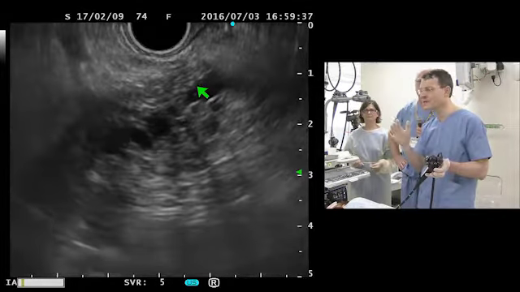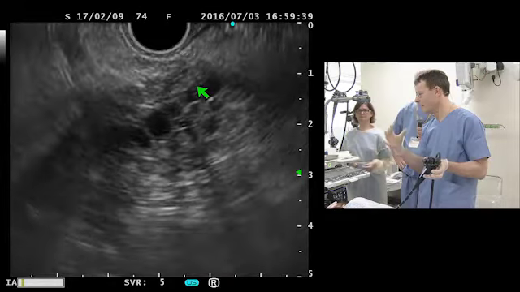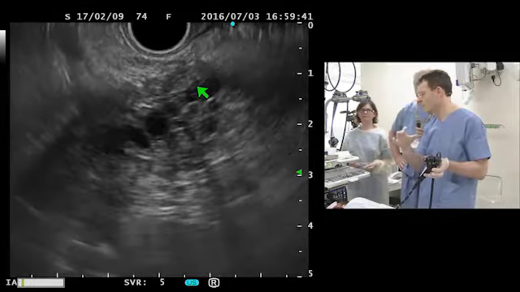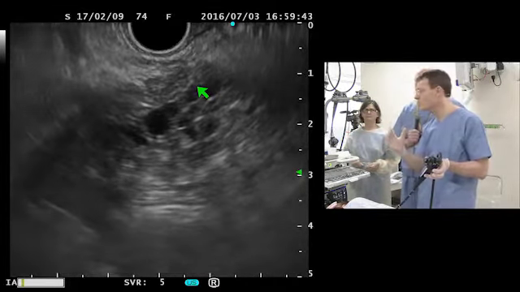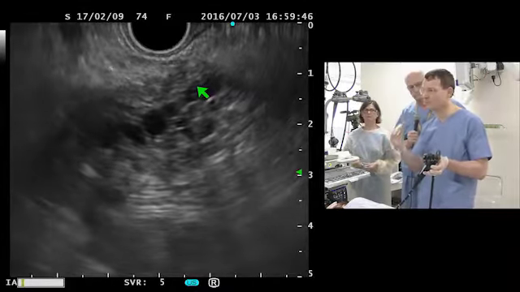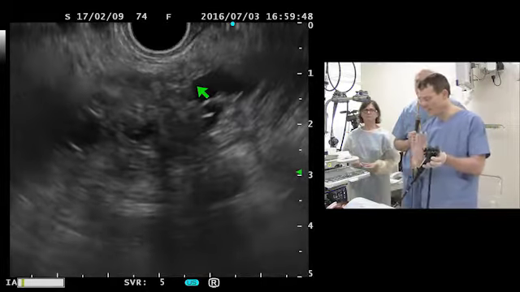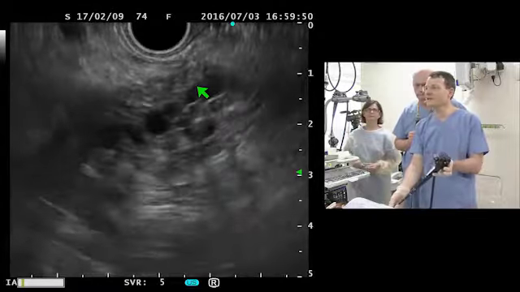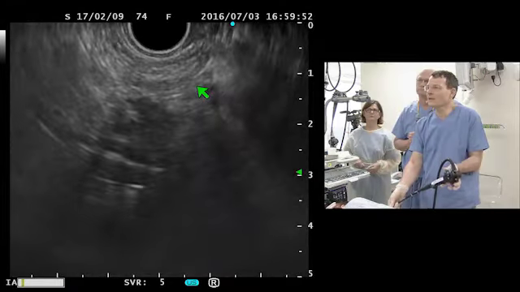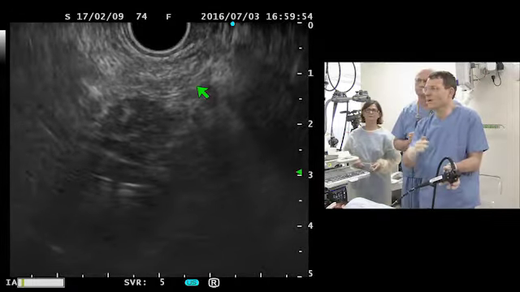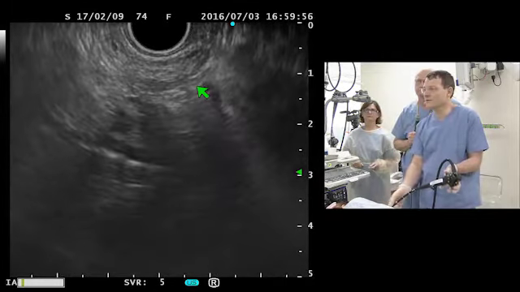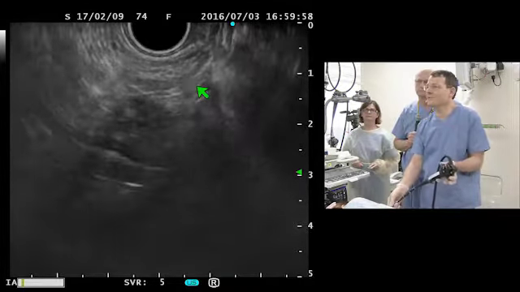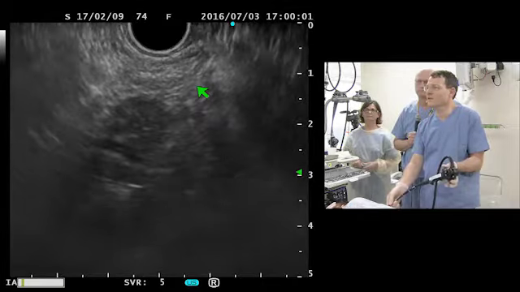We don't need the radial EUS for having a good anatomical overview. We can do it all with the linear scope, but it is important that if we are on a specific level, we torque the scope counterclockwise or clockwise until the pancreas completely disappears.